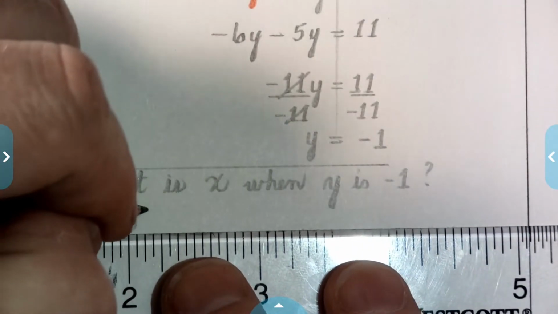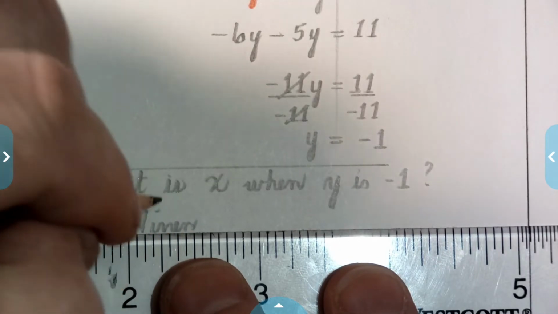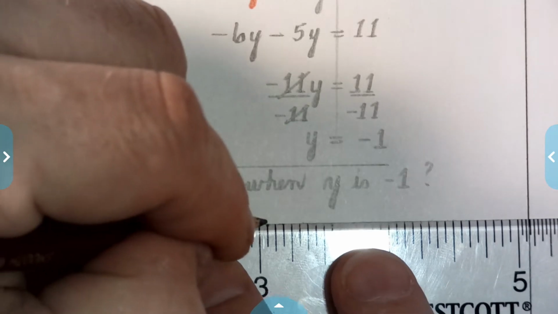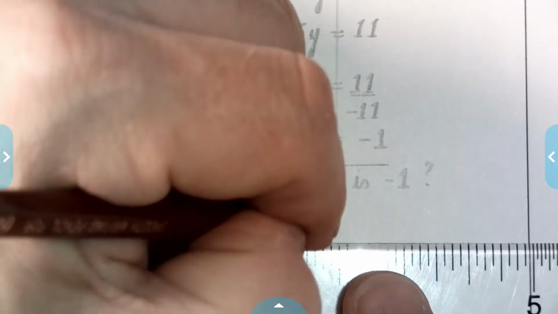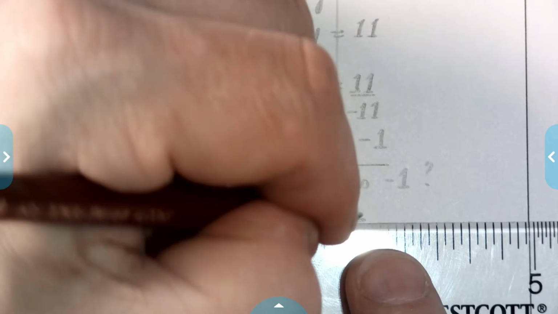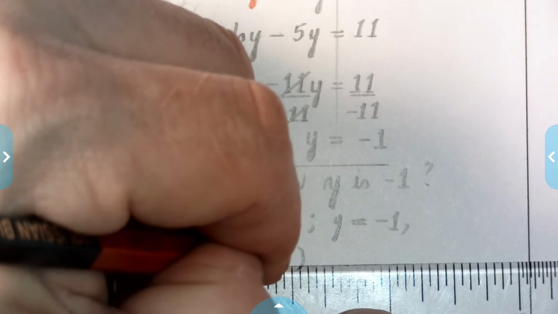Okay. Well, one of our equations was x equals y. So given x equals y and y equals negative 1, then x equals open parentheses, close parentheses, and then here we put negative 1.